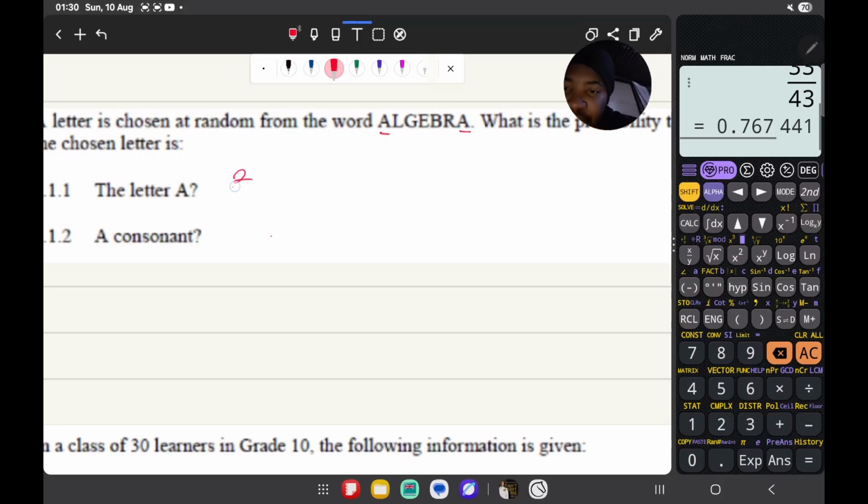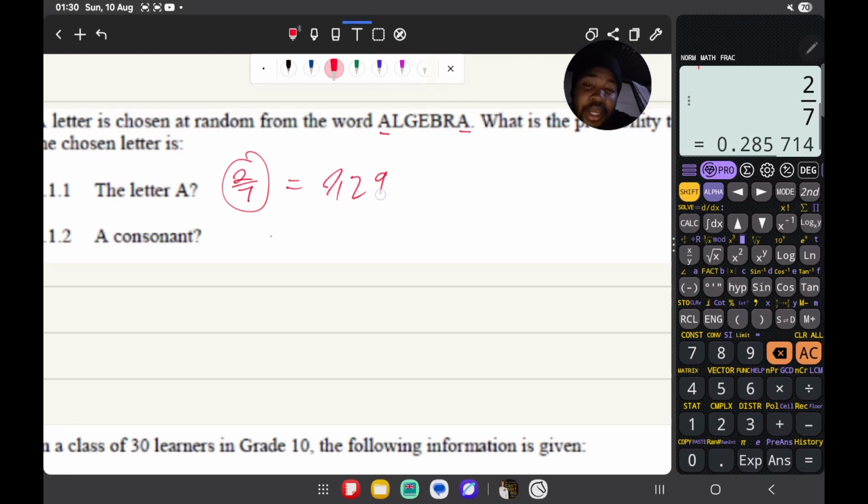So the probability will be 2/7. Of course, I've not been writing my answers in decimal form. Please write them in decimal form. Go to your calculator, press 2/7, and write 0.29. Please, I beg you.